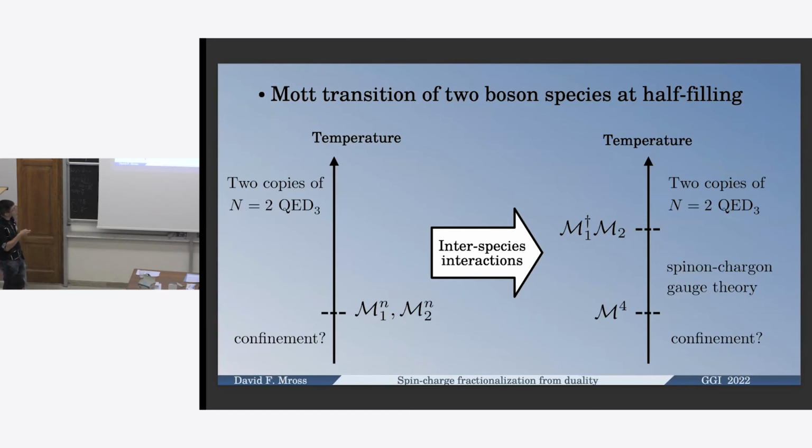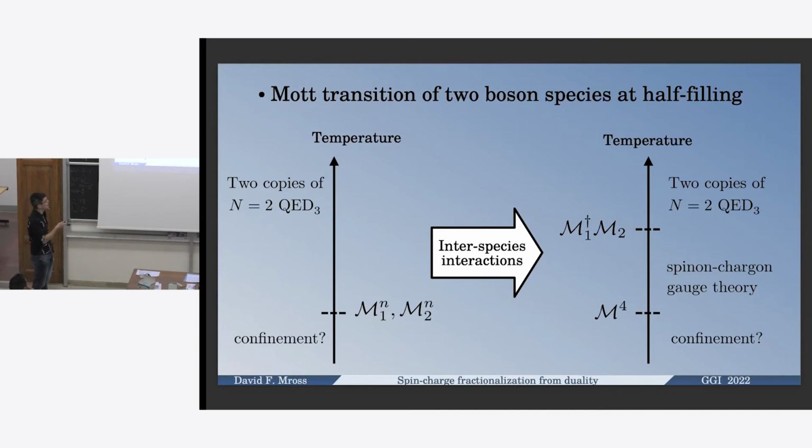Below this, I get this theory of spinons and chargons, and then possibly at such a transition, there may still be confinement. So firstly, such a transition may still be described very well by these kinds of variables, so it's a natural framework to use. But also I can now take this theory and deform it to explore nearby phases. Because, of course, once I have these degrees of freedom, I can imagine perturbing them a little bit in one direction or the other.